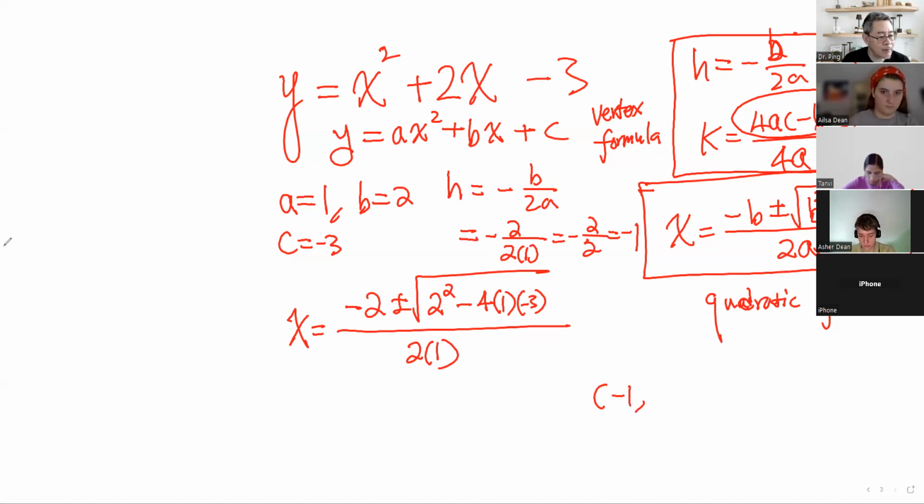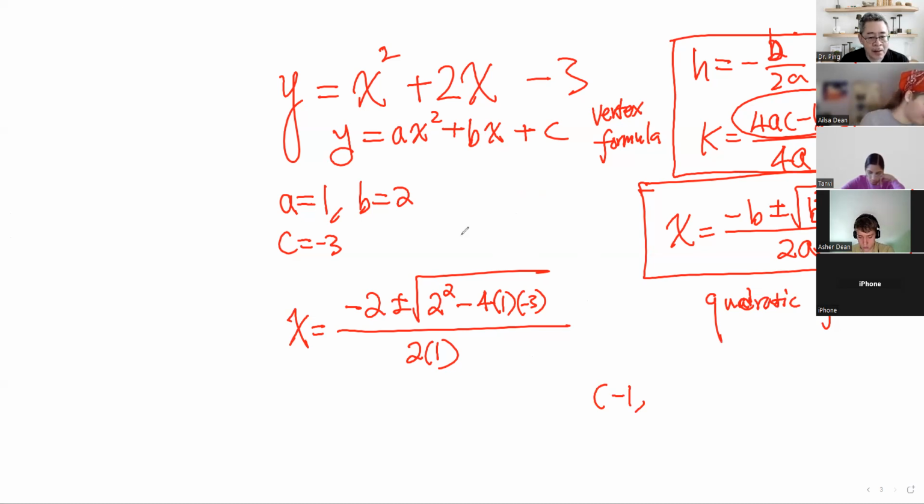Then we're looking for the K. If we're using the formula, K is 4AC minus B squared over 4A. Our A is 1, C is -3, B squared will be 2 squared, and 4A is 4.